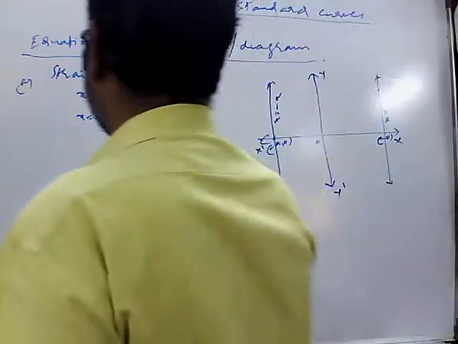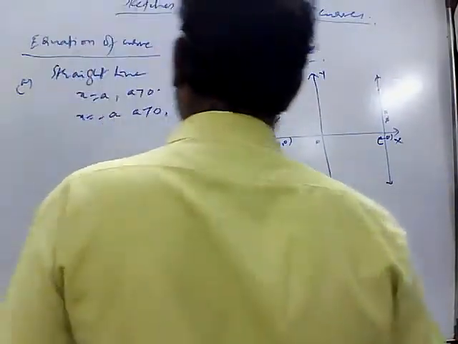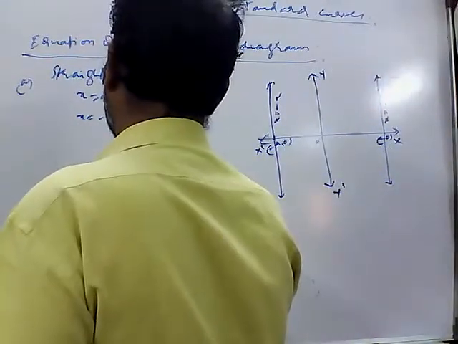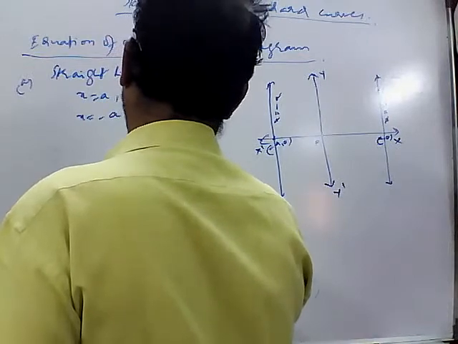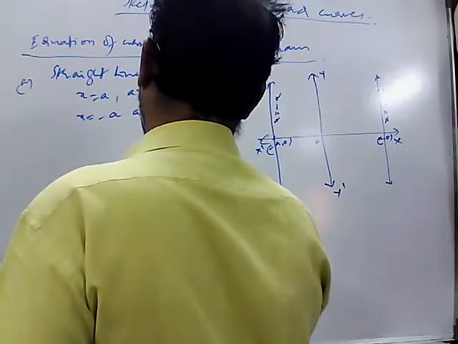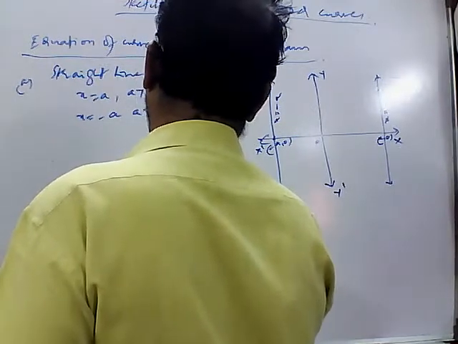Next question, B. Straight line, y is equal to b, b bigger than 0, and y is equal to minus b.